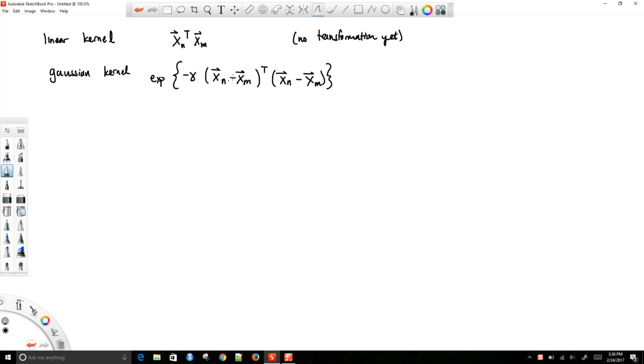It's called the Gaussian kernel because the Gaussian distribution has a very similar term in it. Or a polynomial kernel.